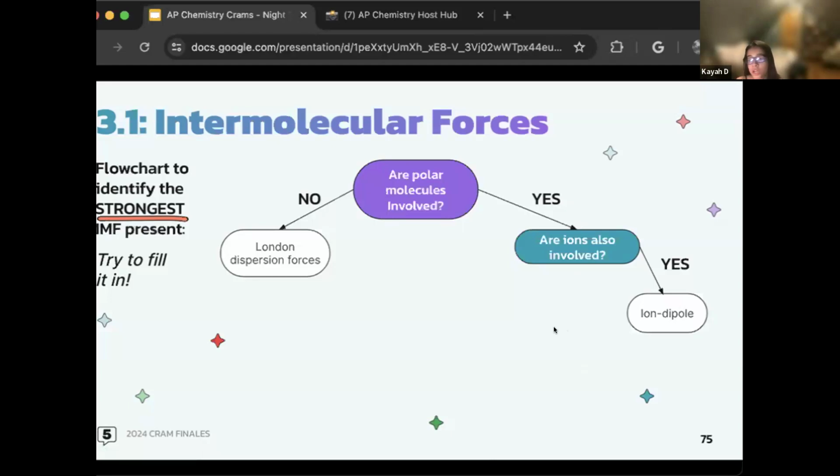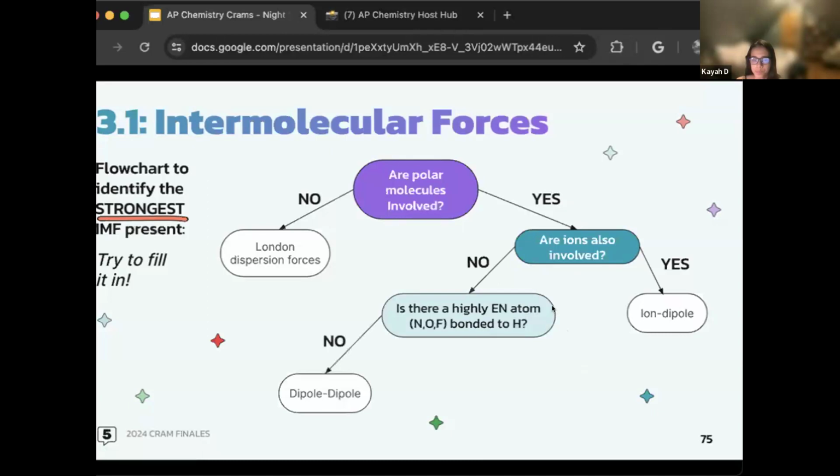But if ions are not involved, then it would be yes, dipole-dipole. And then you also want to consider if hydrogen is bonded to nitrogen, oxygen, or fluorine, to see if you have that special type of dipole-dipole force, which is hydrogen bonding. Okay?